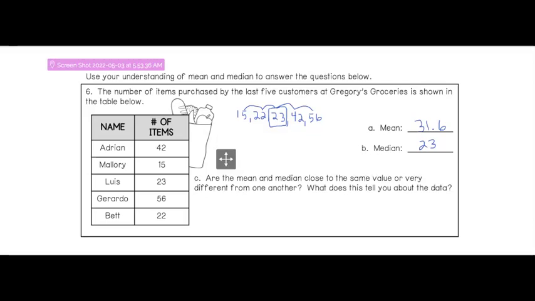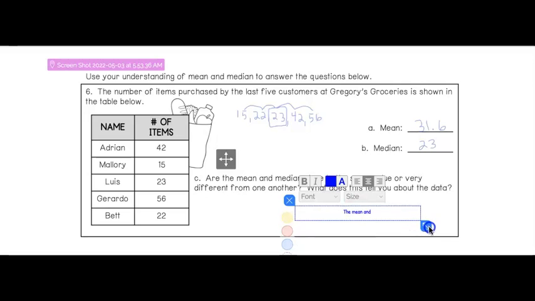And then question C says, are the mean and the median close to the same value or very different from one another? What does this tell you about the data? All right, so I'm going to use my text box here. The mean and the median are not very closely related, 31.6 and 23.